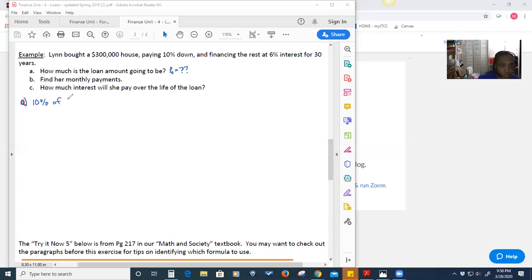So 10% of $300,000. Remember how to do that. You change the percent to a decimal and multiply. And 10% of $300,000, I'll let you punch that in. That comes out to be $30,000. So that's her down payment.